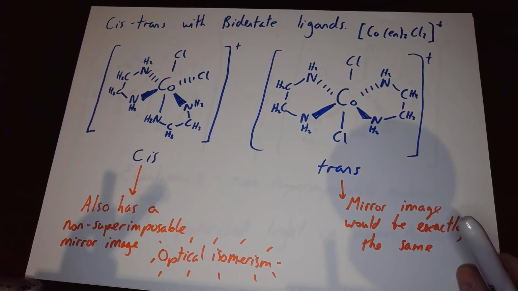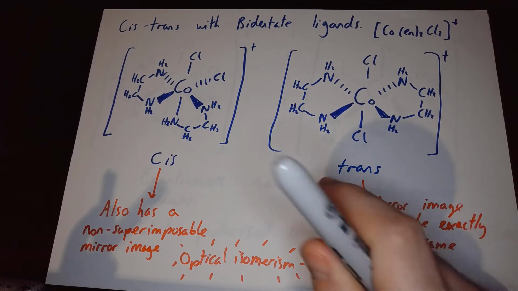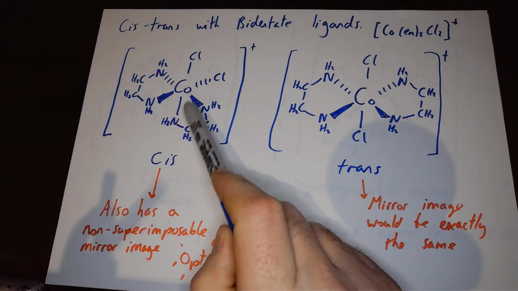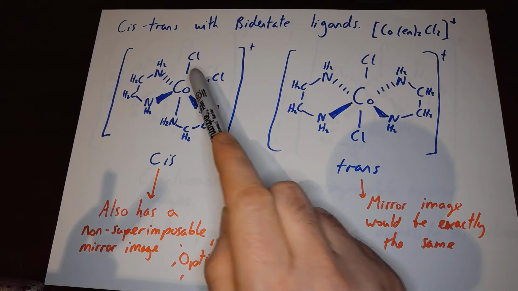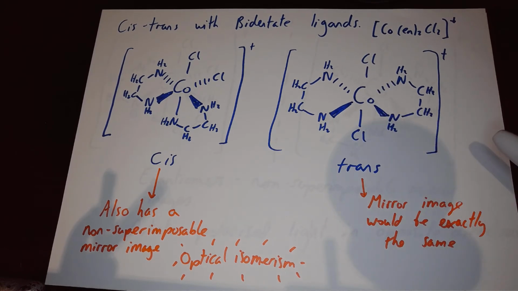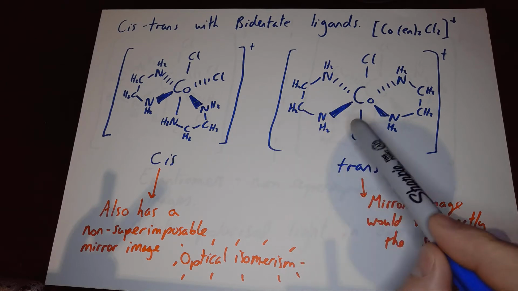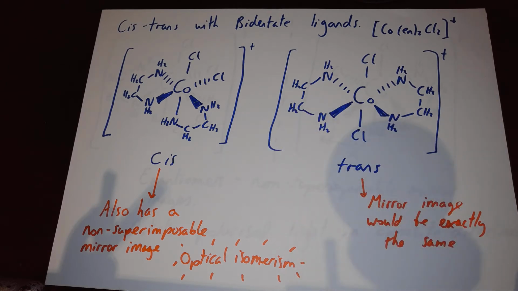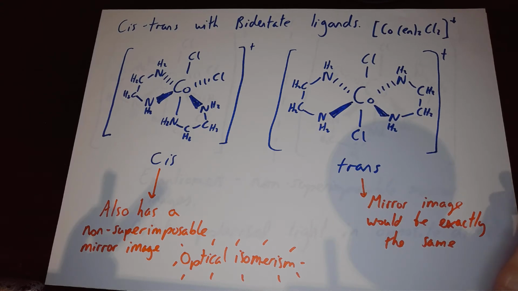You can get cis-trans with bidentate ligands as well, as long as there's 2 monodentates. So you can see this one again, these 2 chlorides are 90 degrees away from each other, or here they're 180 degrees away from each other. Now these 2 stereoisomers, cis and trans of this particular complex, one of them shows another type of stereoisomerism.